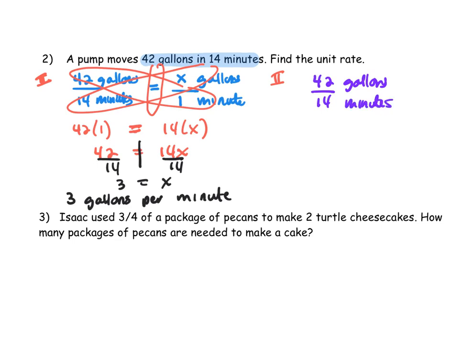So when I'm asked to find the unit rate, I want to know how many gallons per minute. So again, I'm asking for how many of the top or one of the bottom. So I'm going to simply take 42 and divide it by 14. So I'm taking the top divided by the bottom, and that's going to give me 3. So now I have to interpret that 3 as 3 gallons per minute.